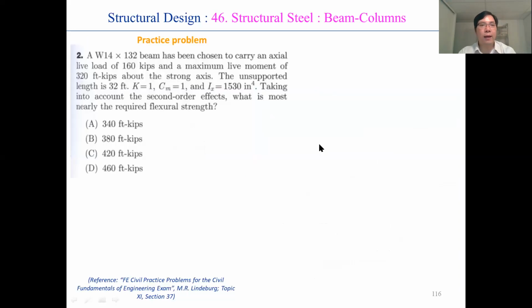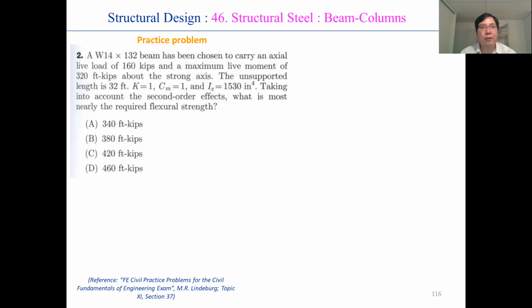So in this slide, I will show you another practice problem. A W14 times 132 beam has been chosen to carry an axial live load of 160 kips and a maximum live moment of 325 foot-kips about the strong axis.